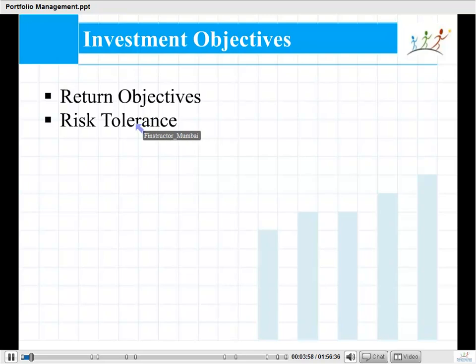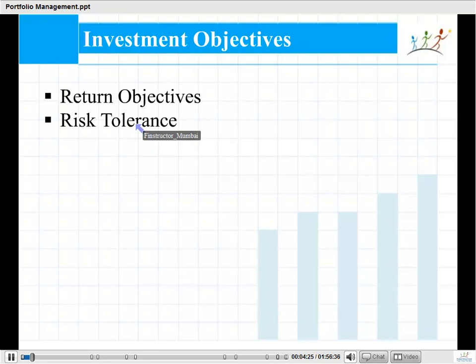So risk tolerance looks at the fact that in case the portfolio suffers a loss, how detrimental will it be to the circumstances of my client? Does my client have enough reserves and enough other sources of income such that even if there is some loss, the client will be able to recoup the loss? Or can the portfolio allocation be risky, or should it be less risky or more conservative?